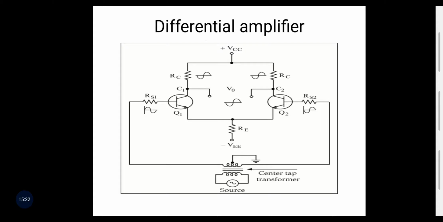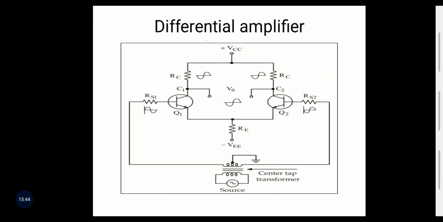Next, differential mode signals. What is meant by differential mode signals? When the input signals to a differential amplifier are 180 degrees out of phase and exactly equal in amplitude, they are called differential mode signals.